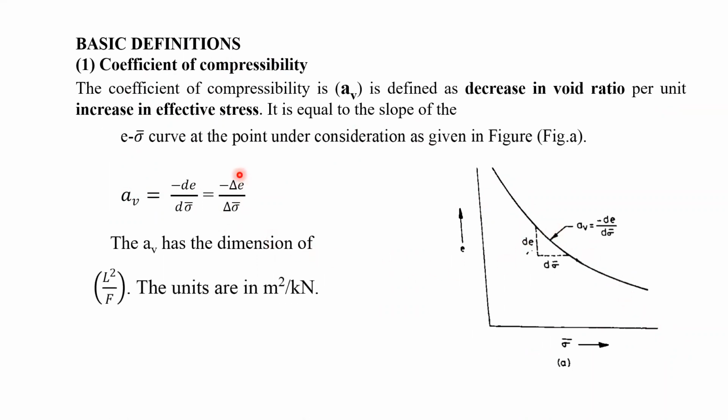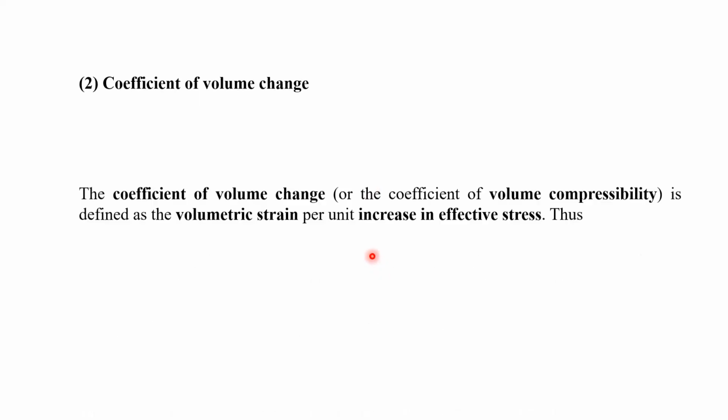So you can see there is no unit for the void ratio, as you know, it is expressed in fractions. So this is the effective stress, that means force by area, that we can say L square by F, and meter square per kN, we can denote it. So coefficient of compressibility. Now we can define coefficient of volume change.